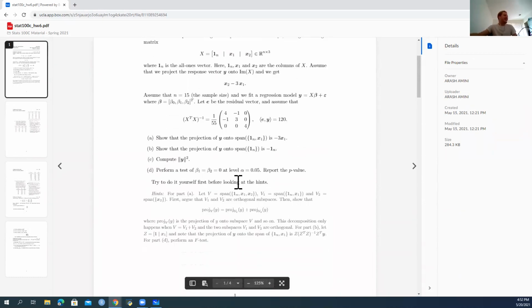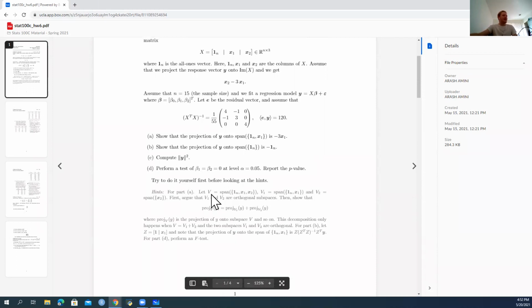Okay, so his hint says for part A, let V equal the span of all these 3 columns, V1 the span of 1n and x1, and V2 the span of x2. Argue that V1 and V2 are orthogonal subspaces, and then show that if you have orthogonal subspaces, you can write the projection of y onto V as the sum of the individual projections.